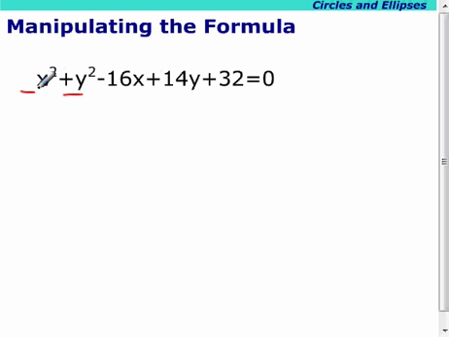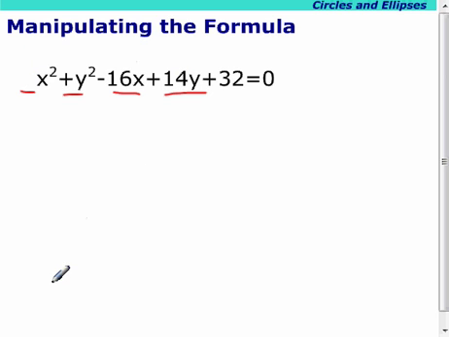Now, in addition to the x squared term, if I have an x term, that tells me that the center of the circle is not at the origin. It's somewhere else. Similarly, if I have a y term, it also means that the y value of the center of the circle is not at 0. It's either up or down somewhere.